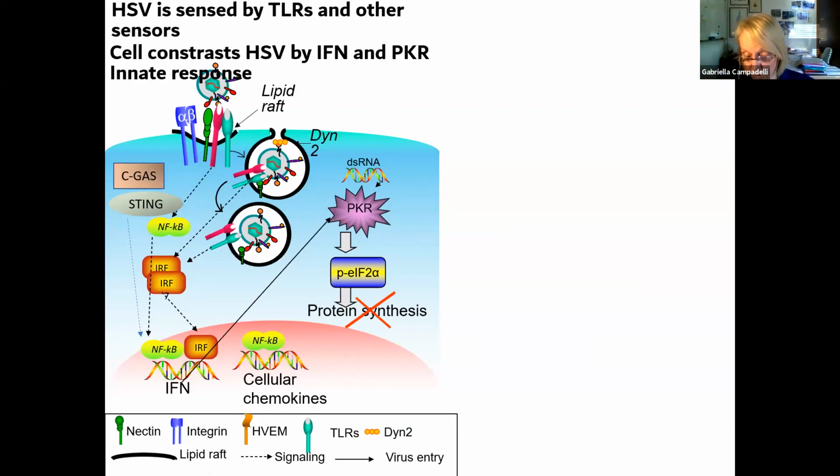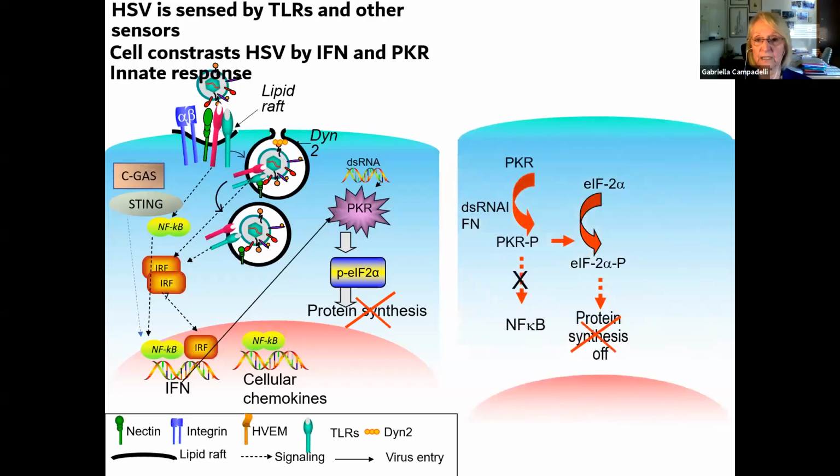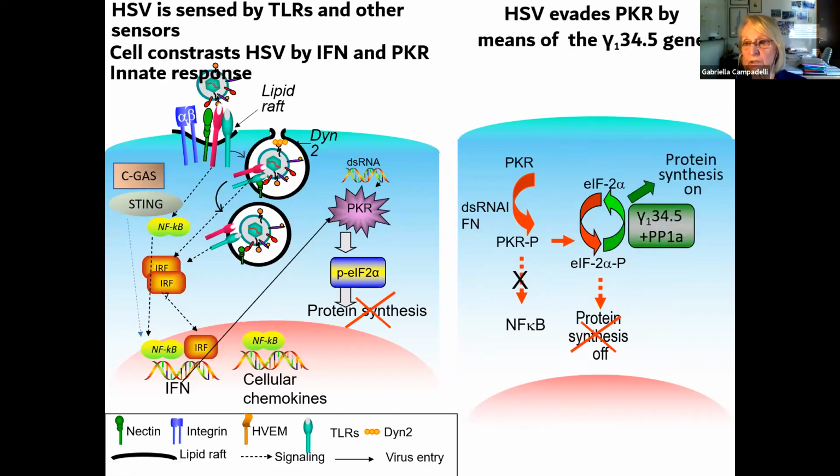Of course, viruses, as we know, are very smart. So the virus has a strategy to counteract, to evade this cellular activity. How does it work? So PKR phosphorylates EIF2 alpha. There is a block in protein synthesis. But the virus has a gene, which is the 34.5 gene.